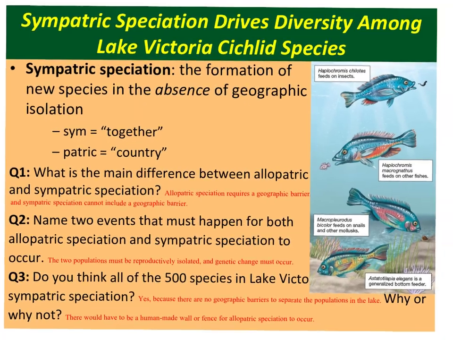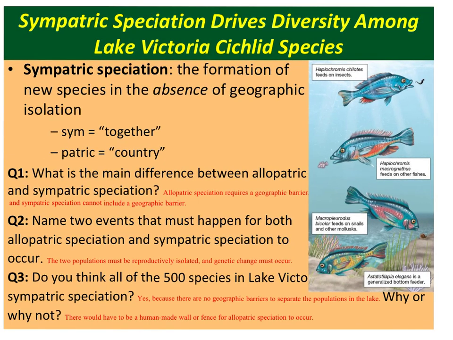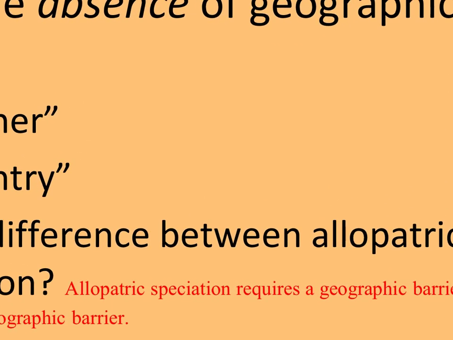And then with these Lake Victoria fish that have generated about 500 new species in a short period of time, when these lakes were formed, if you know anything about lakes, there's all different kinds of habitats in them. Here's a big lake.